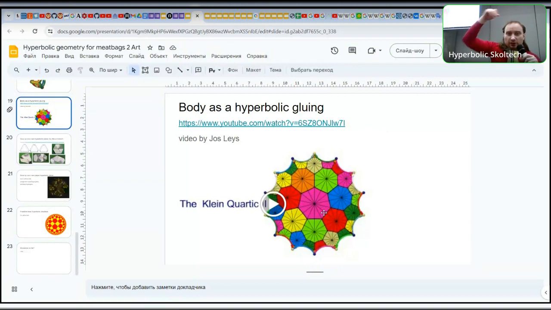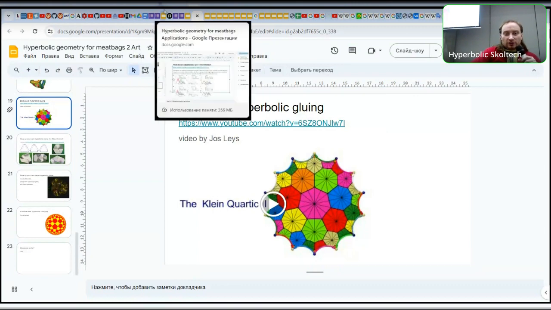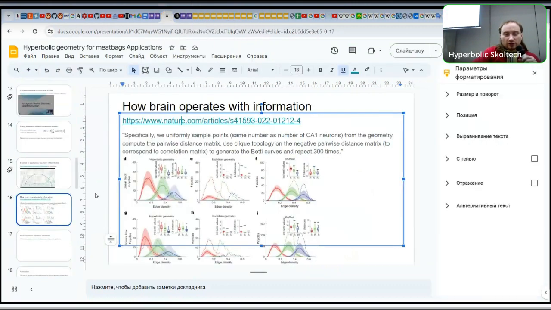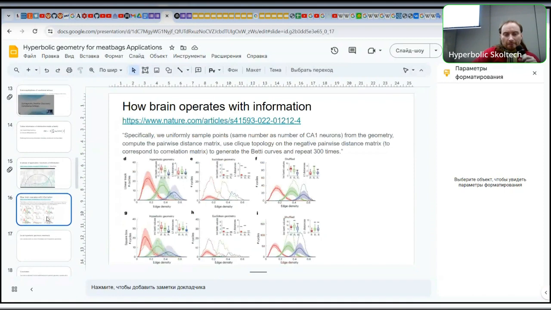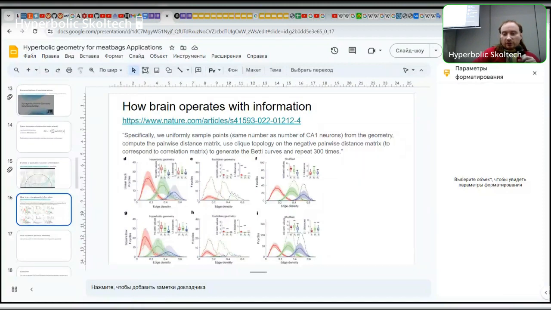And talking about the brain sciences, we have the conclusion, but let me say the conclusion after a short break, since it is time for it. So, a five-minute break, and then we continue.